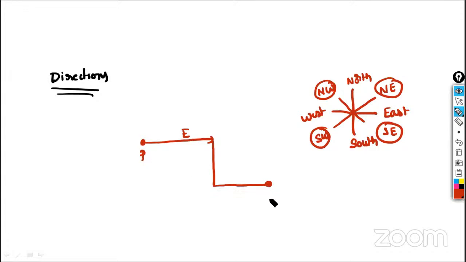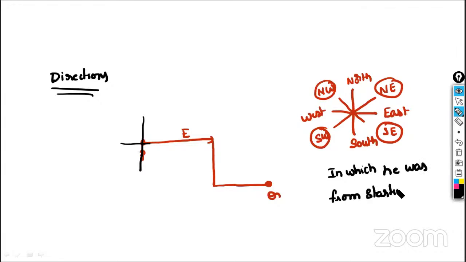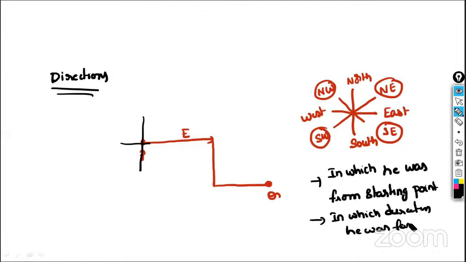So he started at point P and stopped at point Q. First question is, in which direction was he from the starting point? Second question, in which direction is he facing now? So can you tell me the answers?